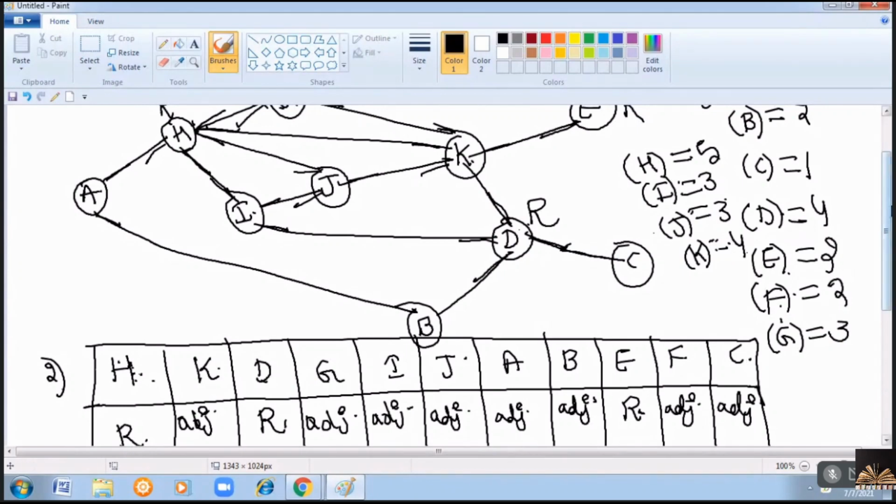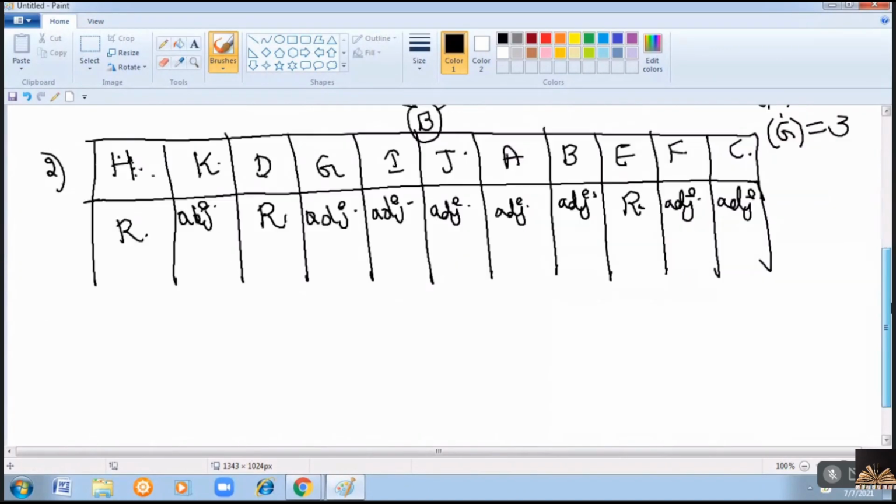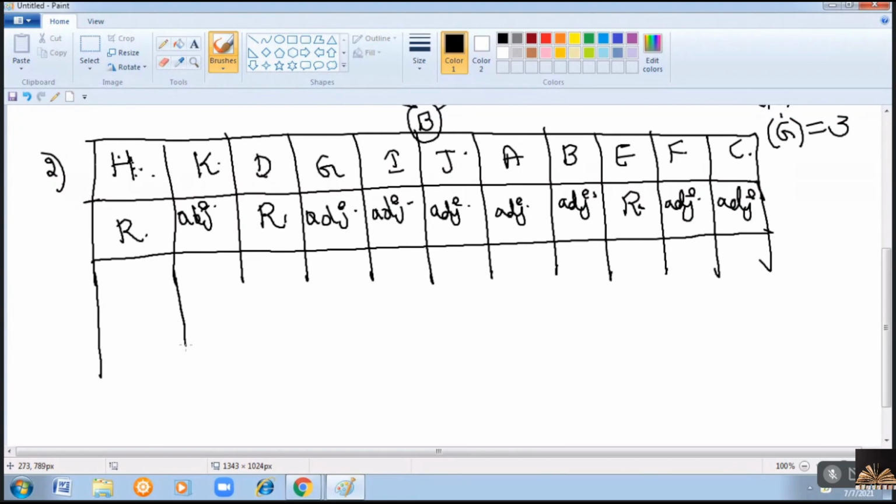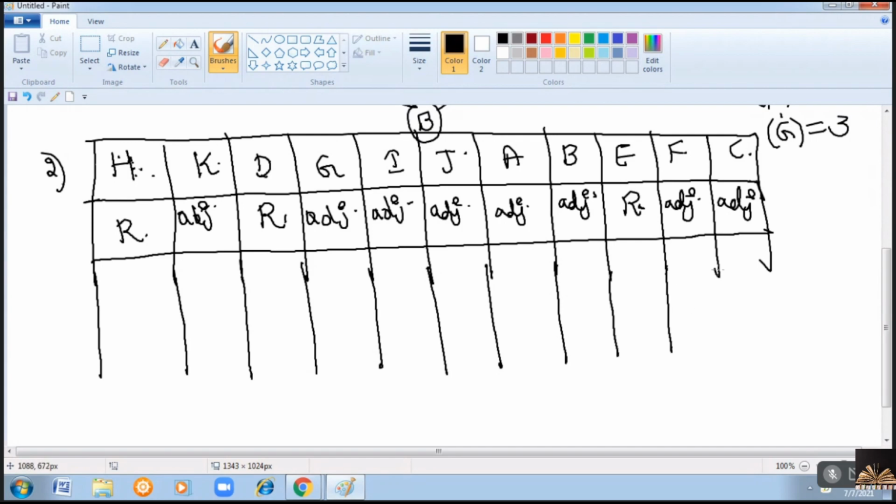Right? Now the step 4: whatever we did now should be repeated until you color all the vertices. Until all the vertices are colored, you have to repeat this step. Okay.